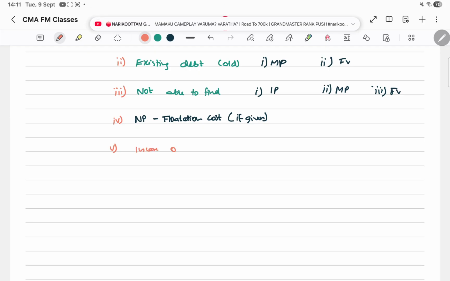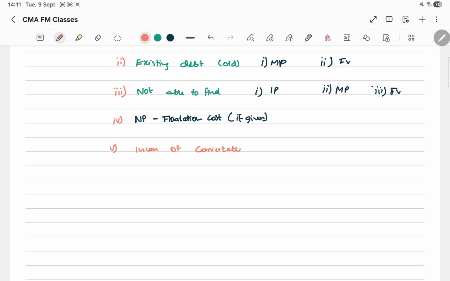In case of convertible debentures, here RV, that is redeemable value, will be based on cash value or share value, whichever is high.